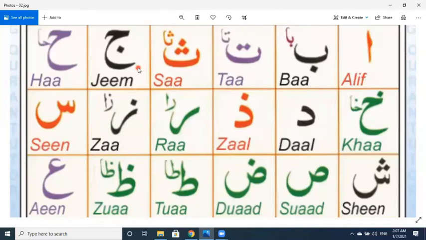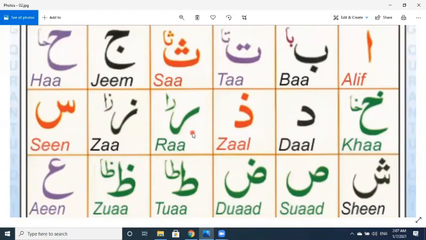And if that dot goes on its top, we'll call it Kha. In another shape, there will also be a difference due to that dot. If it is empty of the dot, we'll call this shape Dal. If it has a dot, we'll call it Dhal.